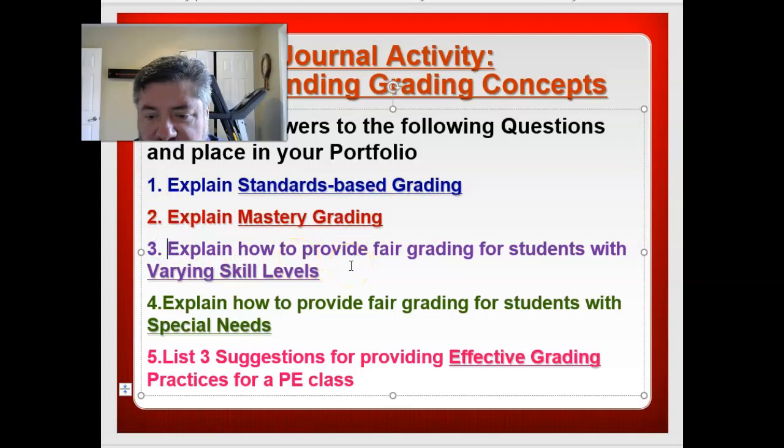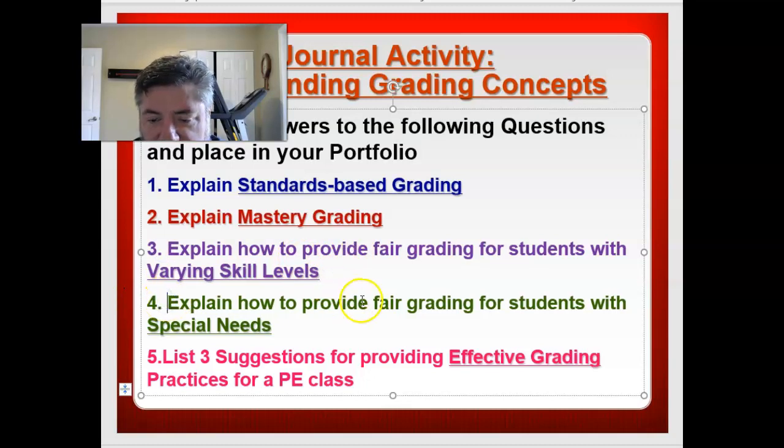Explain how to provide fair grading for students with varying skill levels. Explain how to provide fair grading for students with special needs, those that could be on an IEP or 504 plan. And then list 3 suggestions to help provide effective grading practices in a PE class.